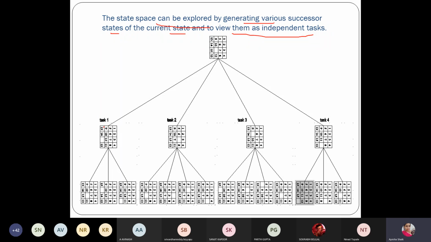From here onwards, we consider each one as a task and try to identify whether we are able to achieve the final state. Here there is a blank tile. Either we can move 15 down, 14 right, or 12 left. So from this state, we have 3 possible next states.